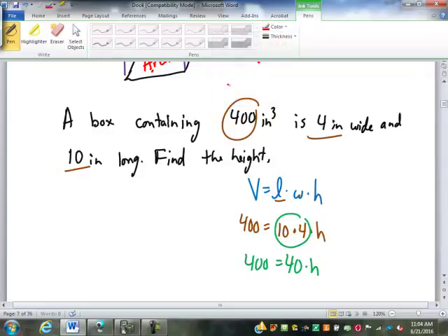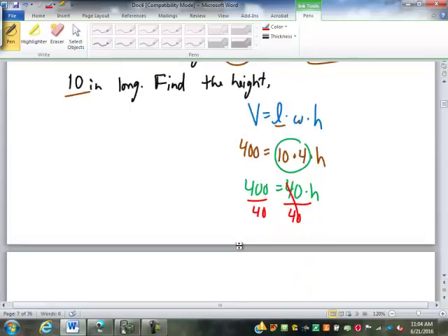And then divide by 40 to get h by itself. So 400 divided by 40 is 10 equals h. My height is 10, and you probably should put the units on that. Everything's measured in inches here, so that would be 10 inches. Any questions?